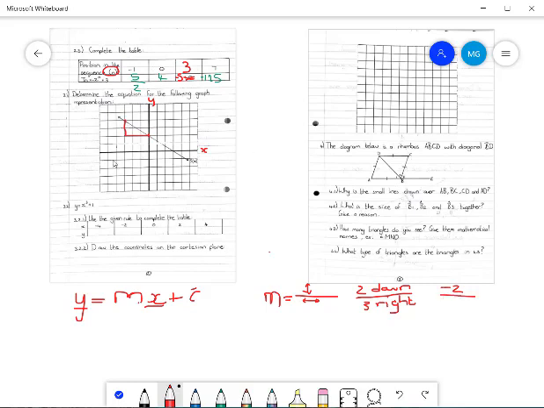If you go down, it's negative. If you go up, it's positive. If you go left, it's negative again. You're moving into the negatives when you go left. And if you go right, you're moving into the positives. So here we say 2 down is 2 negative, and going 3 right would be a positive 3. Okay, so this is my gradient. I can't simplify it more, so you just take this whole fraction as your gradient.